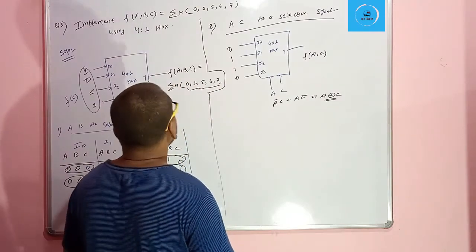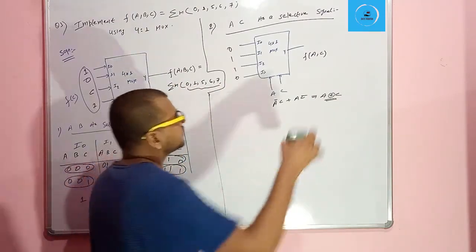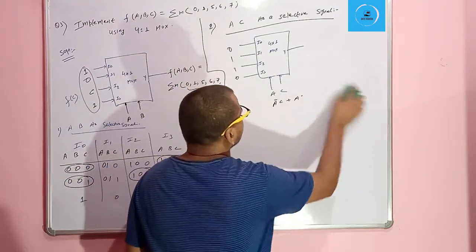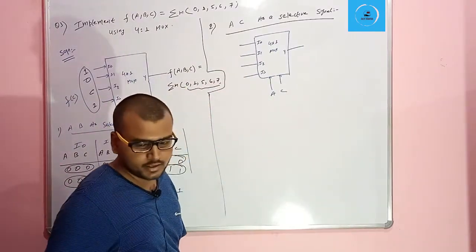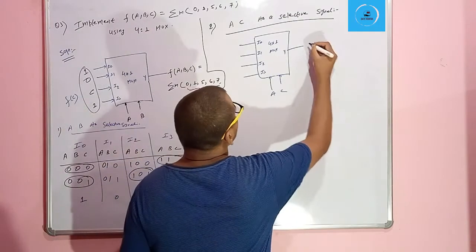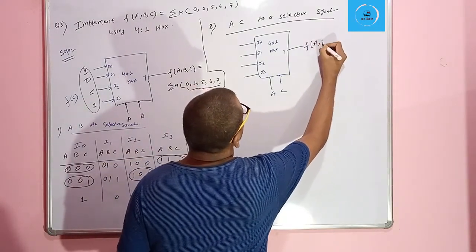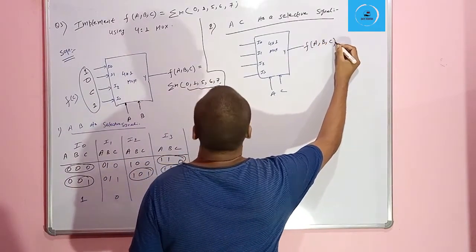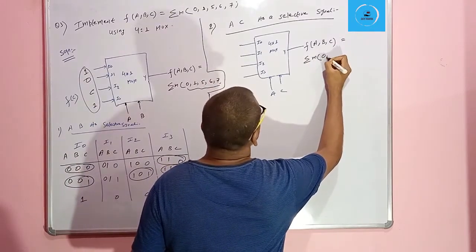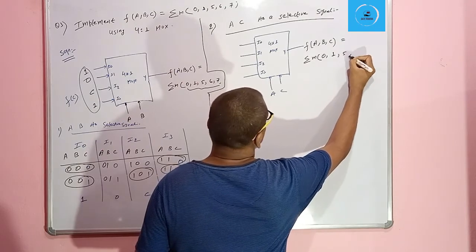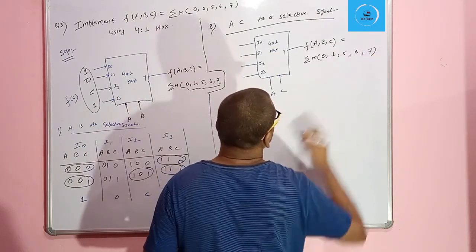Since the question is asking for the output as a function of A, B and C, the output as a function of A, B and C will be equal to the summation of 0, 1, 5, 6 and 7.